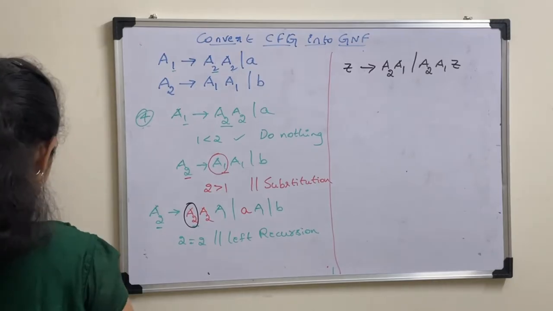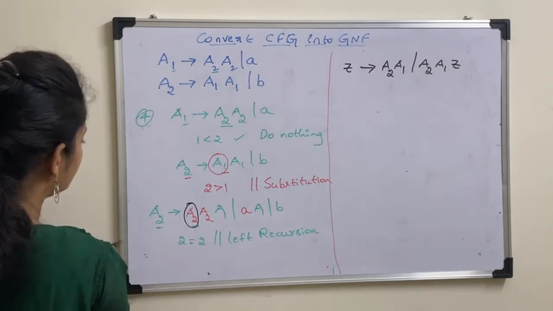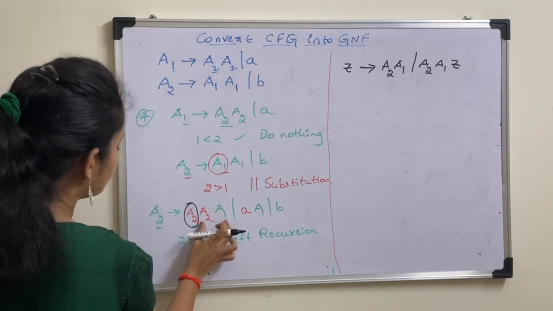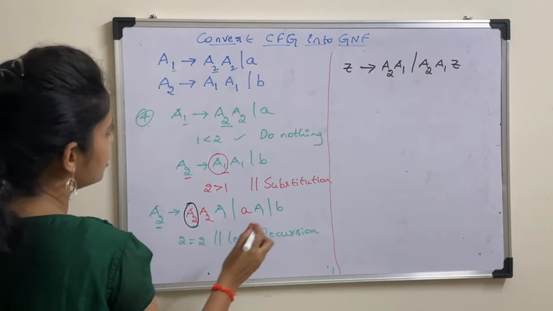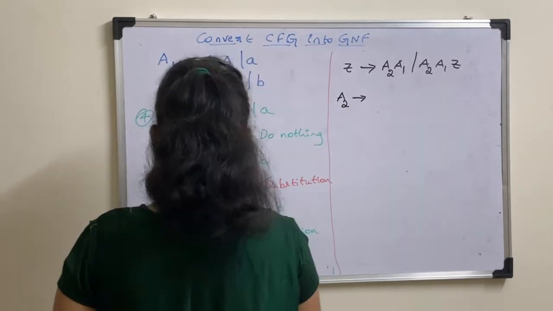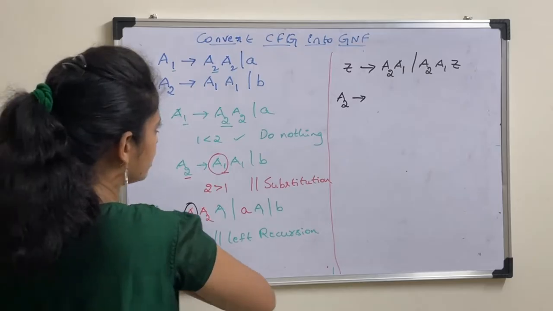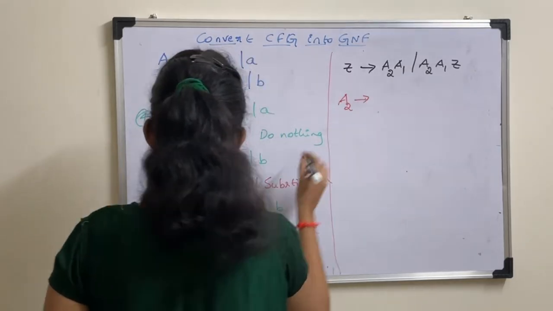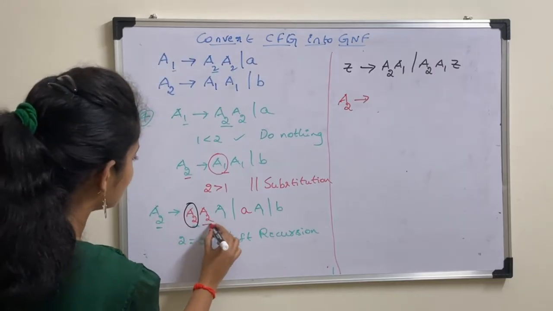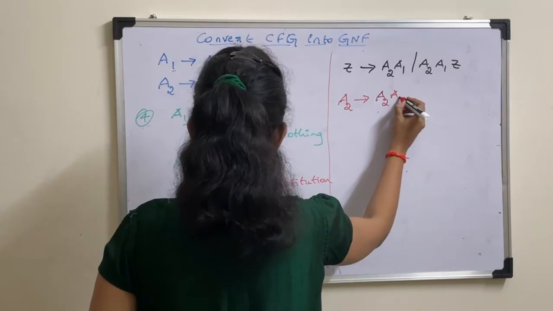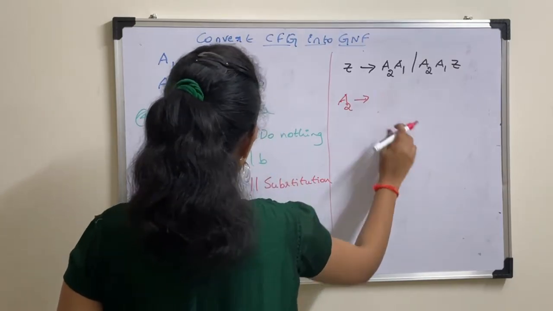Now how to write this A2? We already removed this, so take the leftover symbols and write them as A2 derives. It is better to write it in a different color. A2 derives A2 A1, this part.